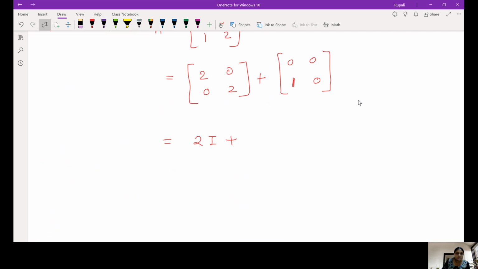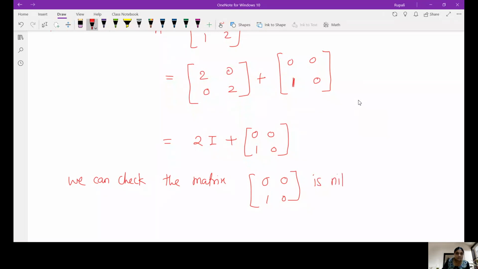And we can easily check the matrix 0, 0, 1, 0 is a nilpotent matrix.